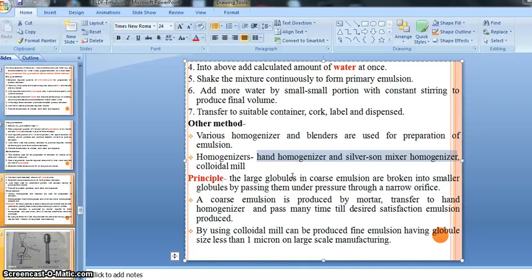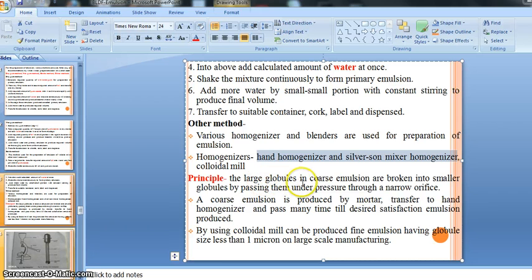You are aware about it. So before starting we should know the principle on which the homogenizers work. So let's see our principle.